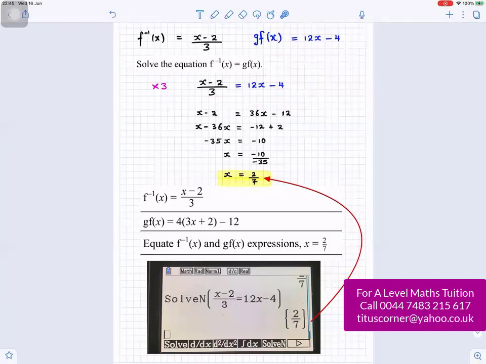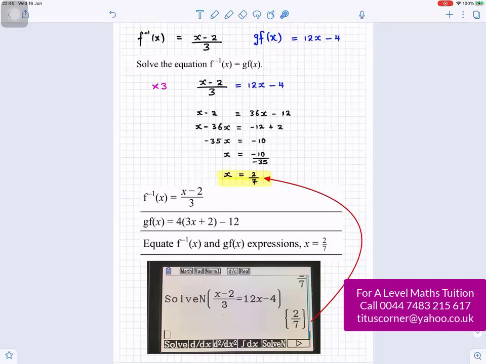Now we have 36x comes to the left, it becomes x minus 36x, and minus 2 goes to the right, it becomes plus 2. So x minus 36x is equal to minus 12 plus 2. Minus 35x is equal to minus 10. You divide by minus 35, so x equals minus 10 divided by minus 35, it gives you 2 over 7. So your answer for x is 2 over 7.